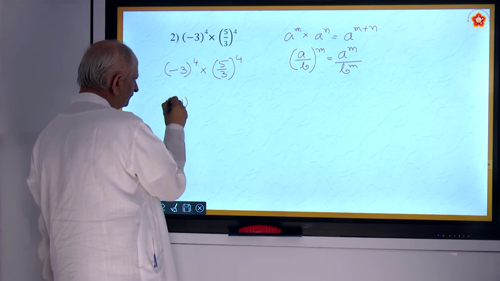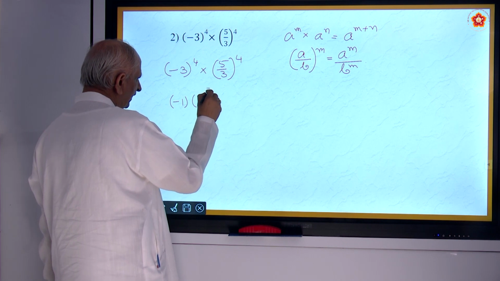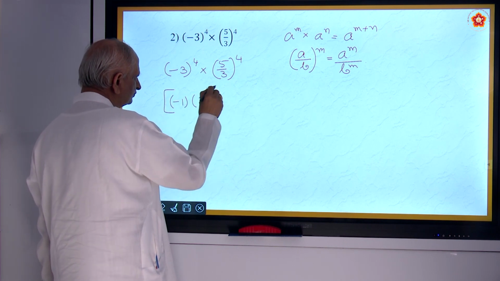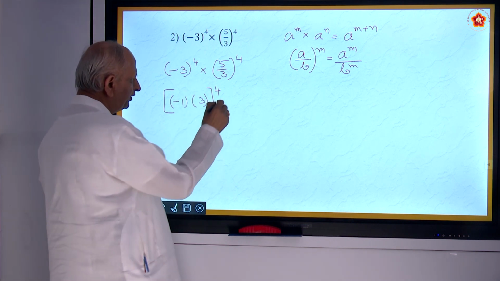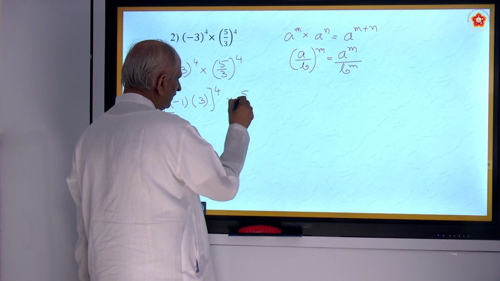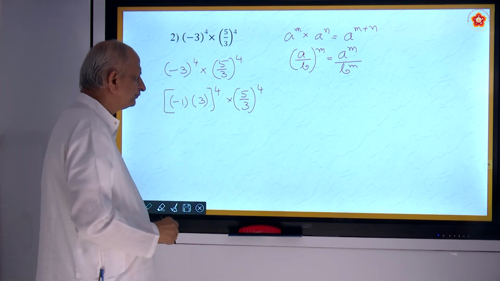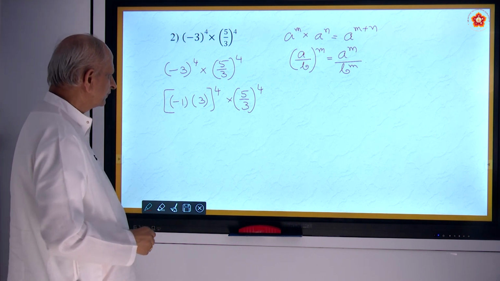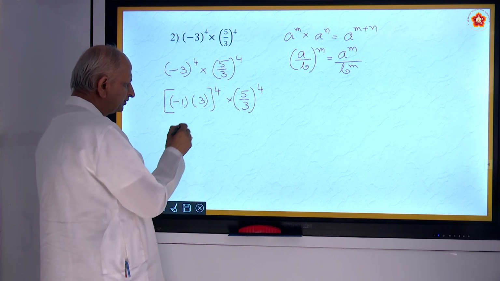So this can be written like this: minus 1 into plus 3, correct, to the power of 4. Both mean the same, correct? Into 5 by 3 to the power of 4. And minus 1 to the power of 4 means how much?